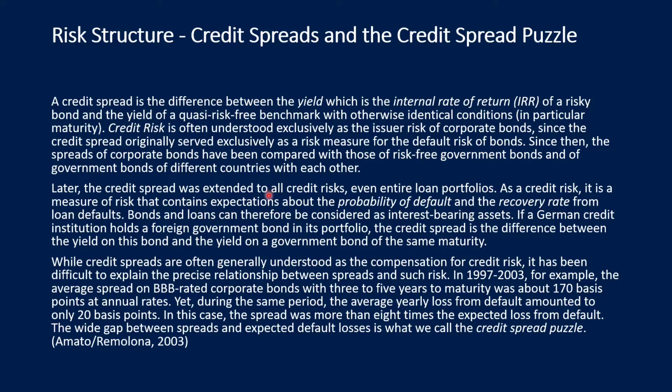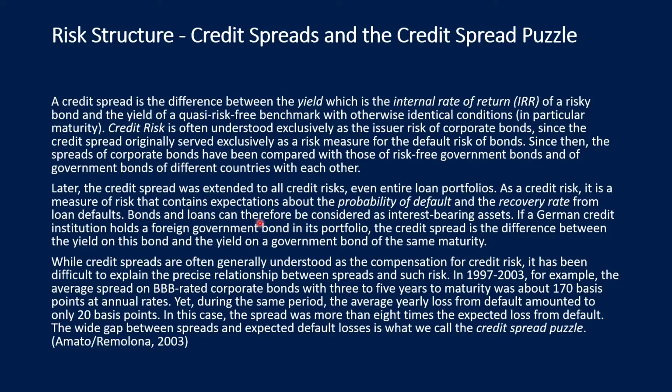Later, the credit risk was extended to all credit risks, even entire loan portfolios. As a credit risk, it is a measure of risk that contains expectations about the probability of default and the recovery rate from loan defaults.